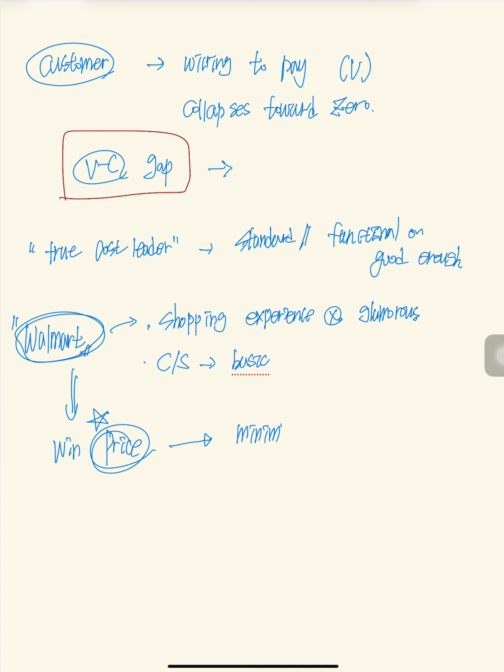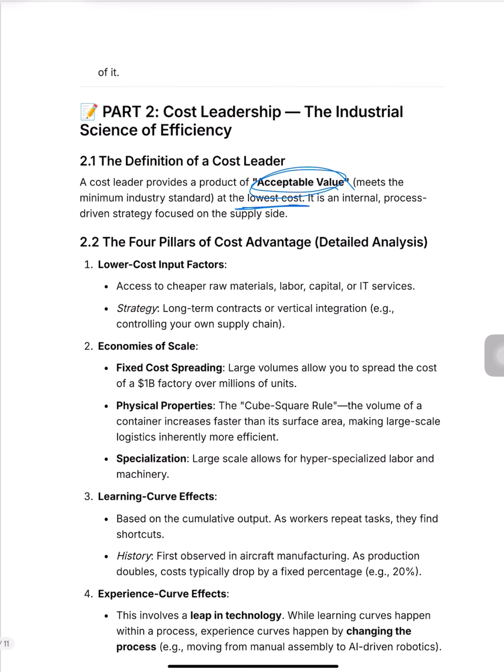So the Walmart case is a really good example of cost leadership. That's the philosophy. Okay, I hope you understand it.